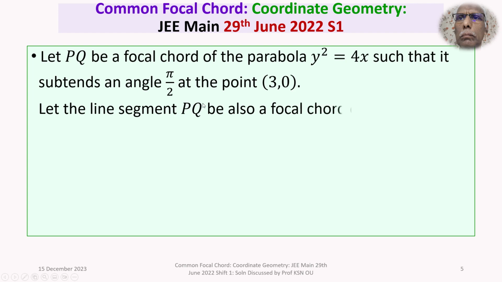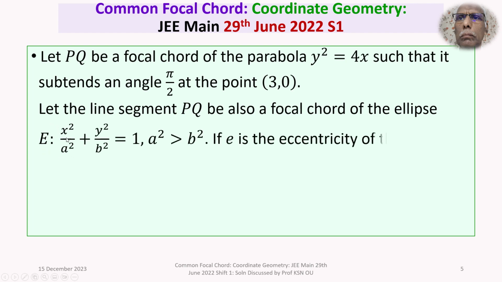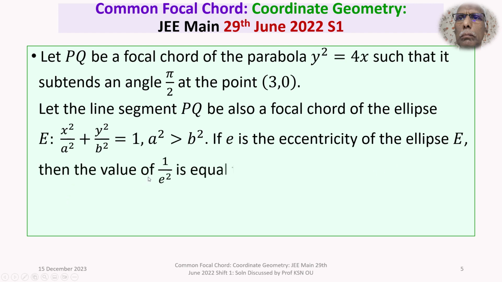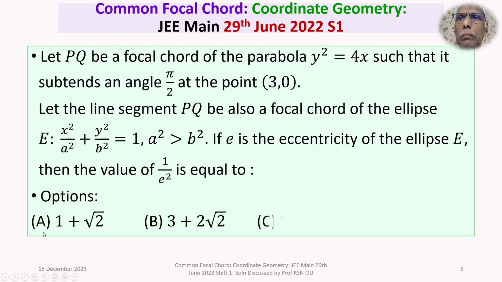Let the line segment PQ be also a focal chord of the ellipse denoted by E, whose equation is x square by a square plus y square by b square is equal to 1, where a square is greater than b square. If e is the eccentricity of the ellipse E, then the value of 1 by e square is equal to, and we are given 4 options, option A, option B, option C, option D.